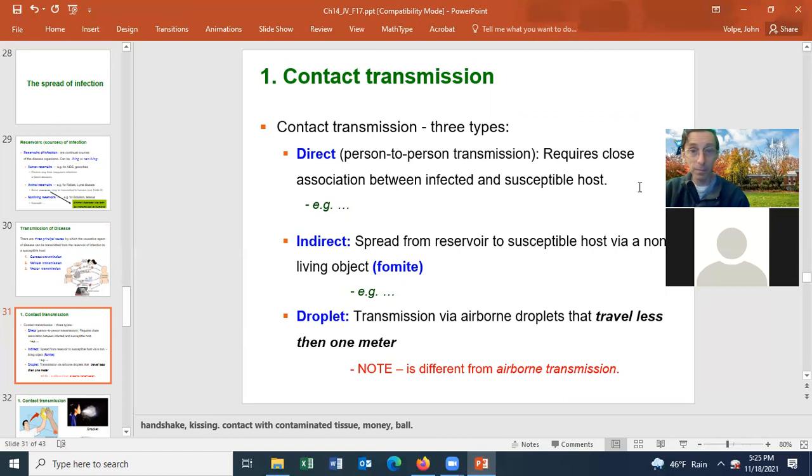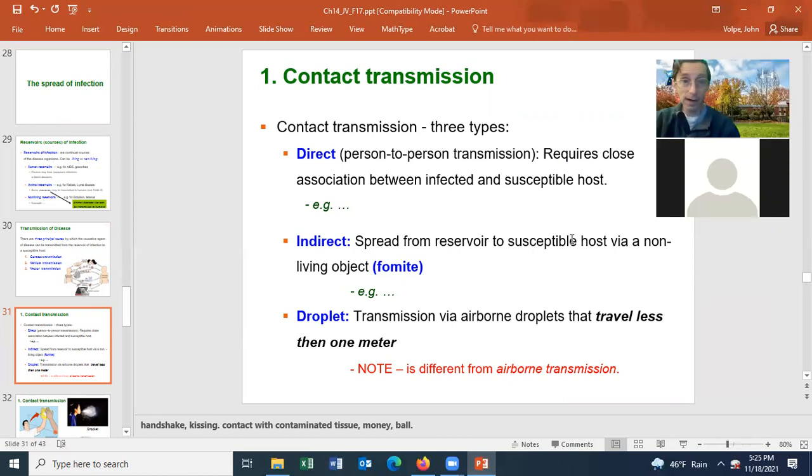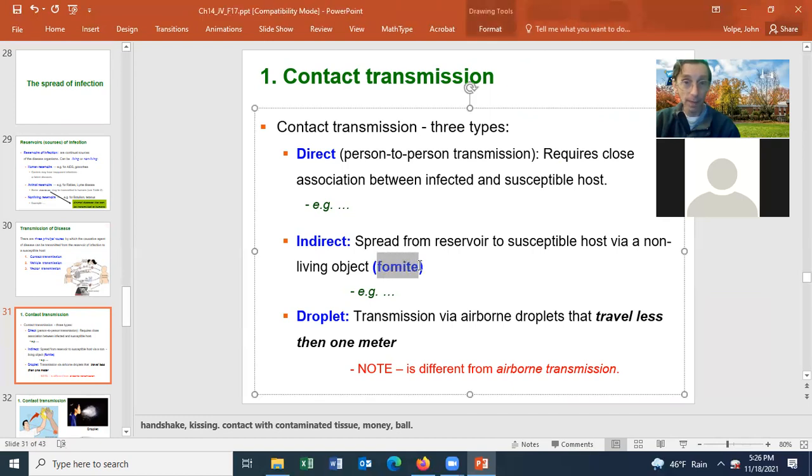Indirect transmission is the spread from the reservoir to a susceptible host via a non-living object. We call a non-living object a fomite. An example of this could be someone sneezing on their hand, getting the disease-causing organisms on their hand, and then they touch money.